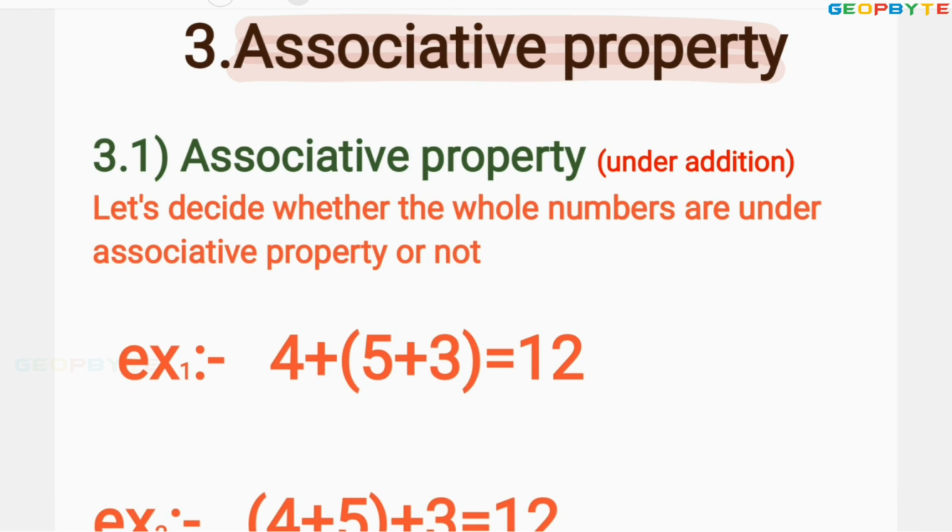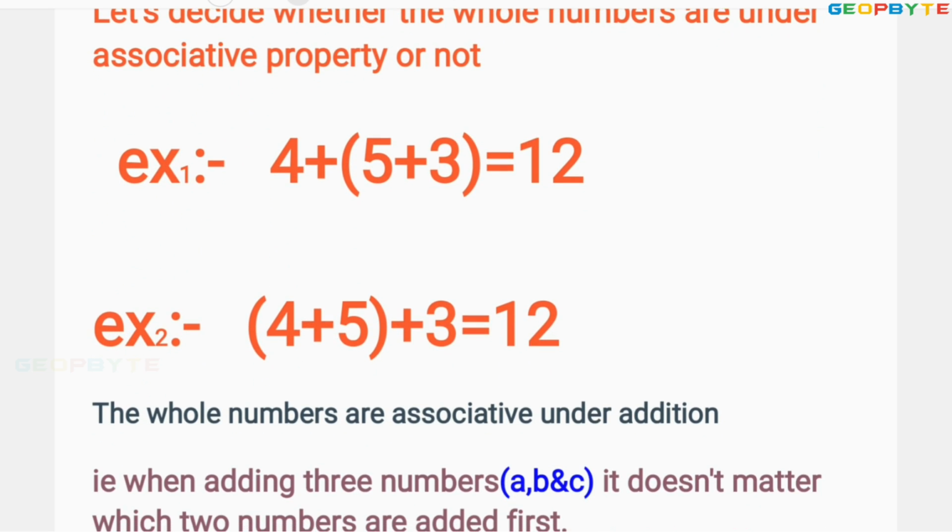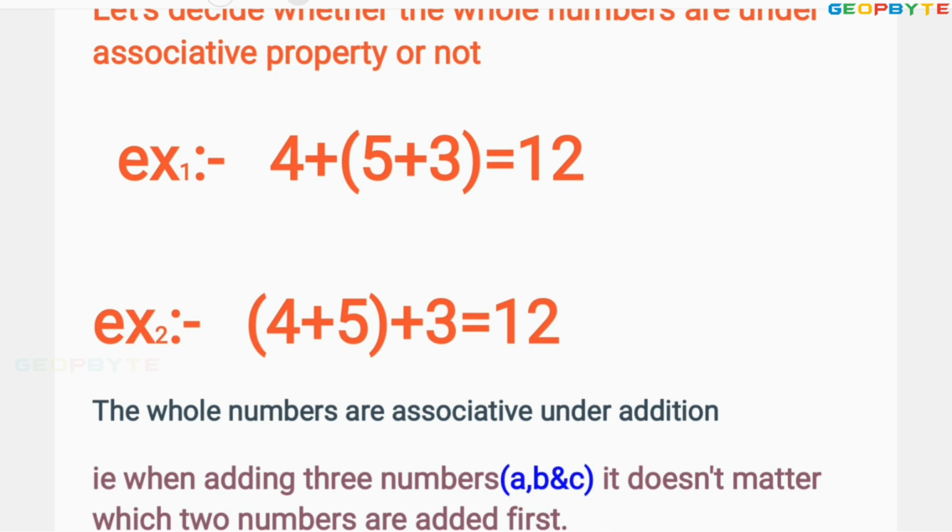Look at the very first one. Associative property under addition. Let us decide whether the whole numbers are associative or not. For that, I have taken two examples like this. Look at the two examples.